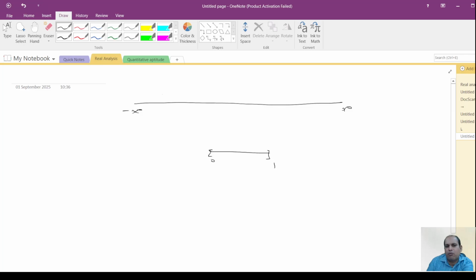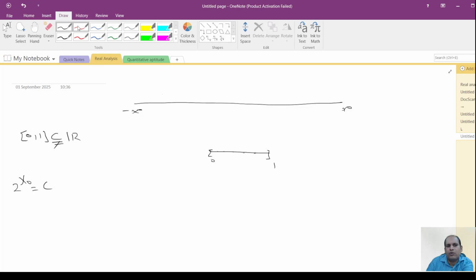I mean the number of points lying on (0,1) or the whole R. Clearly the open interval (0,1) is a subset of R, in fact a proper subset, but we will see that still both have the same cardinality, and later on we will prove that it is basically 2 raised to the power aleph naught, the continuum.